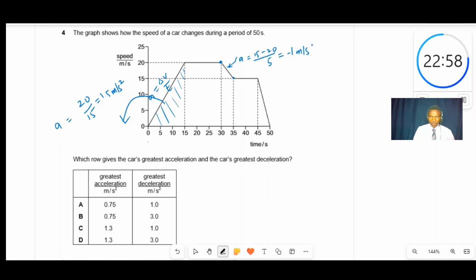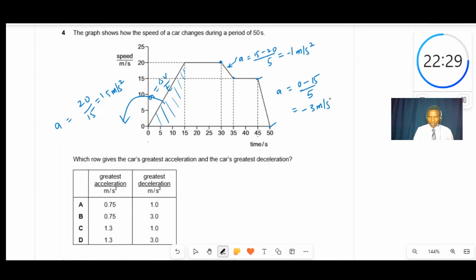Then here again is another deceleration. The speed decreased from 15 to 0. So we have 0 take away 15 in 5 seconds, from 45 to 50. That will give you negative 3 meters per second square.